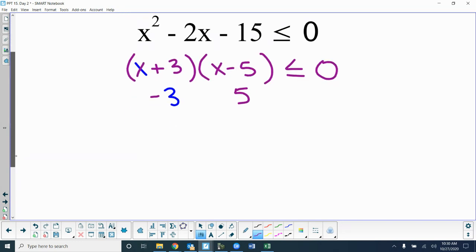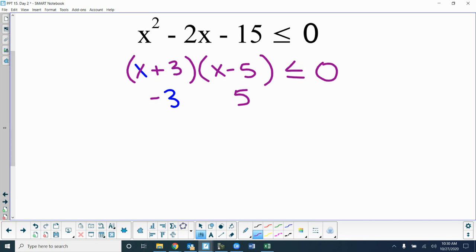And again, we're solving and graphing. So what we do is we get our number line. 5's up here. Negative 3's down here. 0 is somewhere in here. And since it's less than or equal to, we'll put a solid dot at those two numbers.